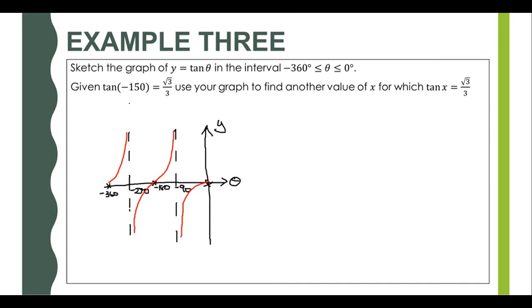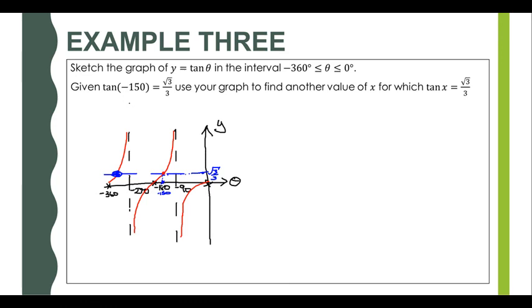We can now use our graph. So tan of minus 150, roughly here, and we're told that that gives us a solution of root 3 over 3. So root 3 over 3, and if we extend that line across our graph, we can see that we get a second solution here. Now tan repeats every 180 degrees.